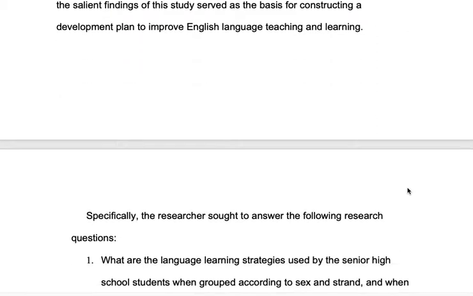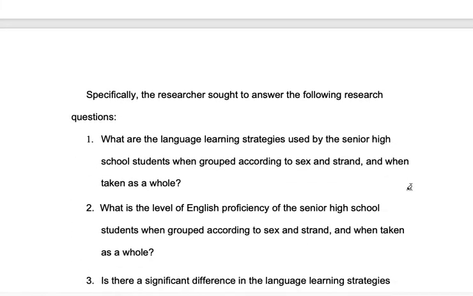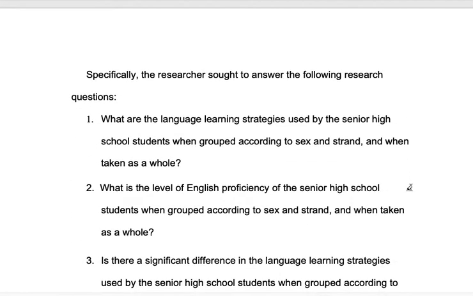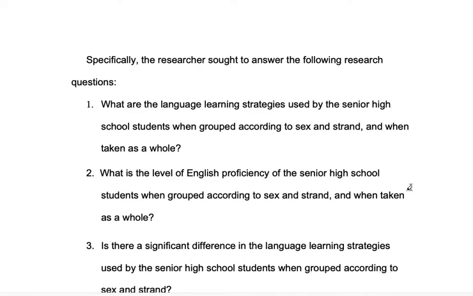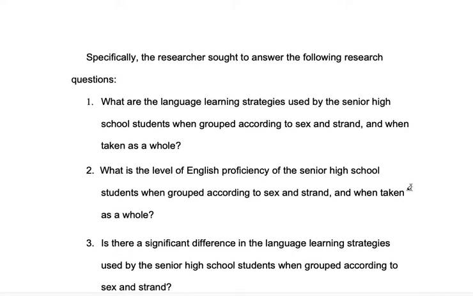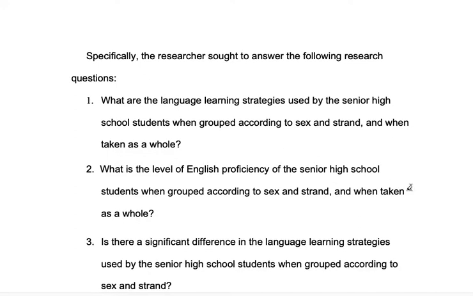Next, we have our research questions. The researchers sought to answer the following questions. Remember, class, that the research questions or the statement of the problem is the heart of your research paper because we align everything here, including the conclusions and recommendations of the paper. It is written in order based on the statement of the problem or the specific research questions.